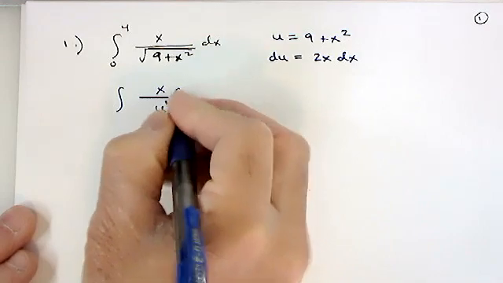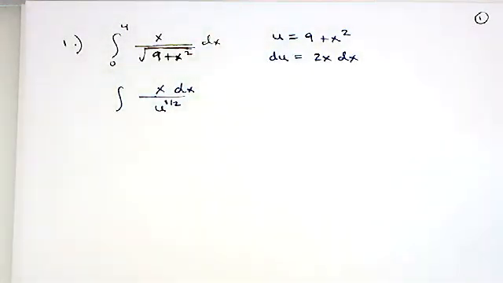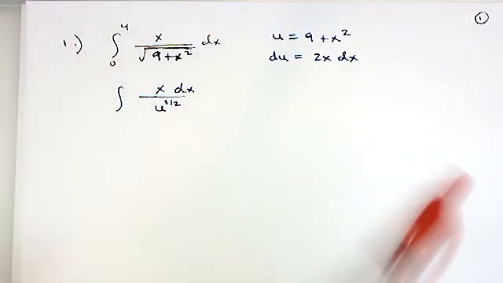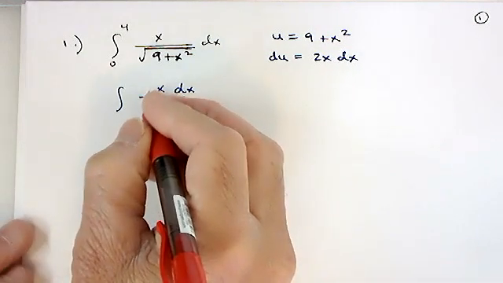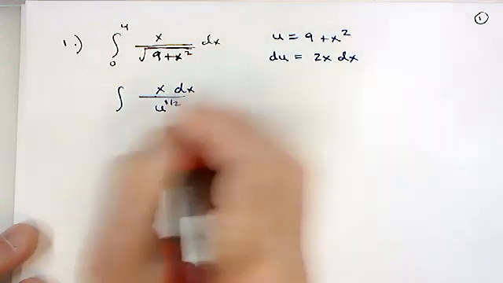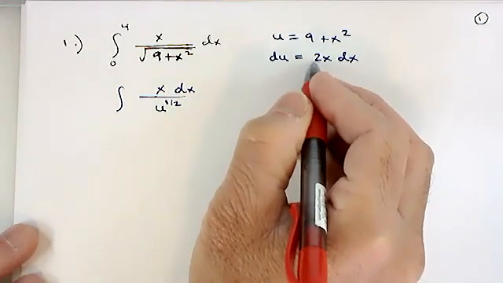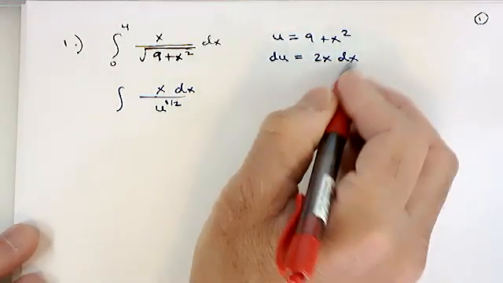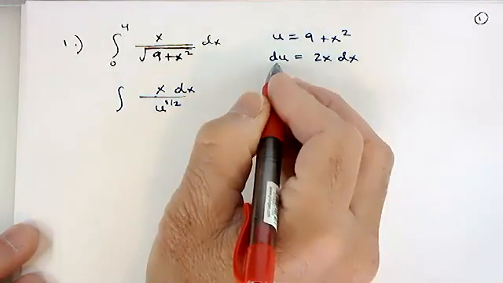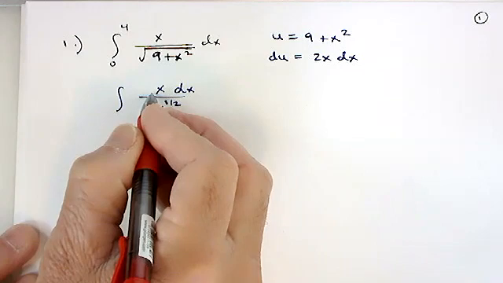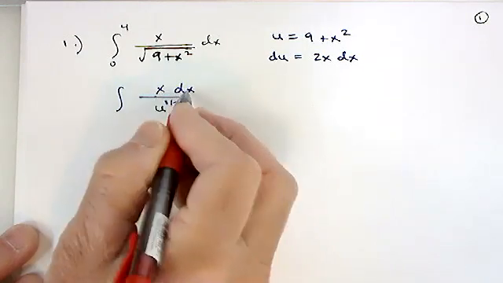And let's talk about the way I was presenting u sub last time as the most efficient way to get to where you need to be. It's the wishing technique. I wish I had a 2x dx left over in the integral, because then I could just change that in for a du. But all I have left over is an x dx.